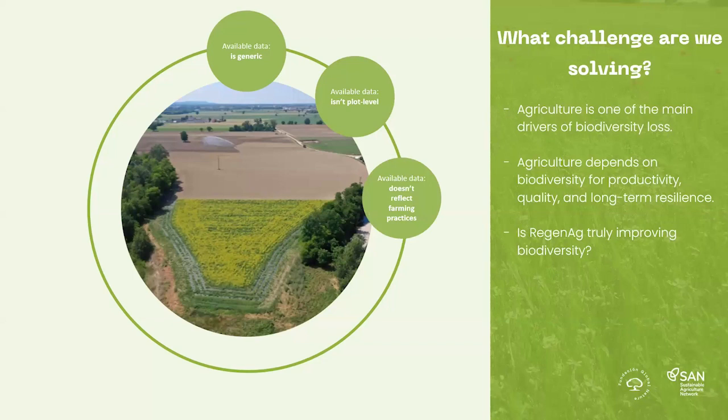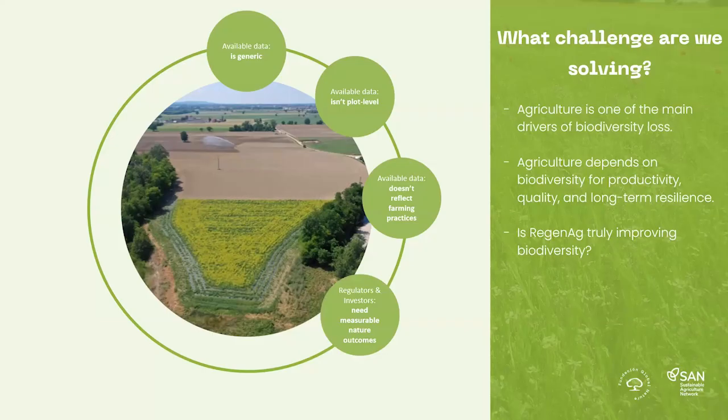So the available data doesn't reflect farming practices, so it is very broad. So we are never going to be able to separate what is due to the application of organic matter, the improvement because of a cover crop or less pesticides, because the data is just not accurate enough.